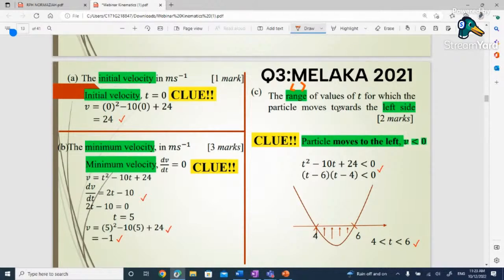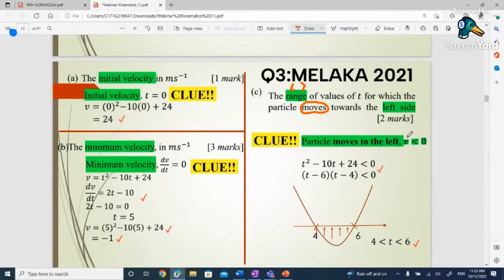Okay, what is the clue given? Clue dia kata particle moves. This is another keyword, to the left side. Kalau dia sebut dia move, mesti ada kaitan dengan V. Kalau dia sebut distance, mesti displacement.